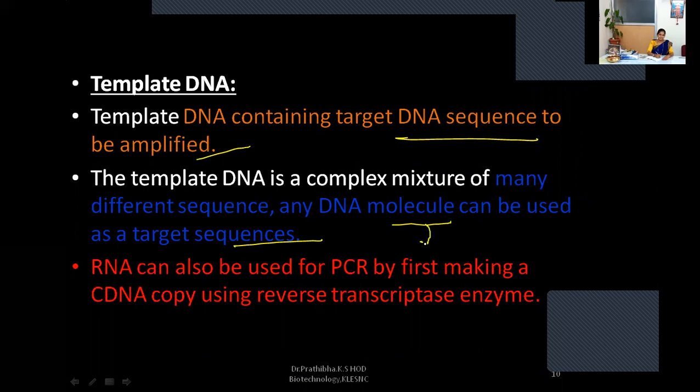This RNA molecule will get converted in the presence of reverse transcriptase enzyme, and the obtained DNA product is known as cDNA, that is complementary DNA. Further, this cDNA will be synthesized by the DNA polymerase enzyme to get a pure sample of DNA molecules. So for template DNA, just keep in mind, it's a single stranded DNA molecule.